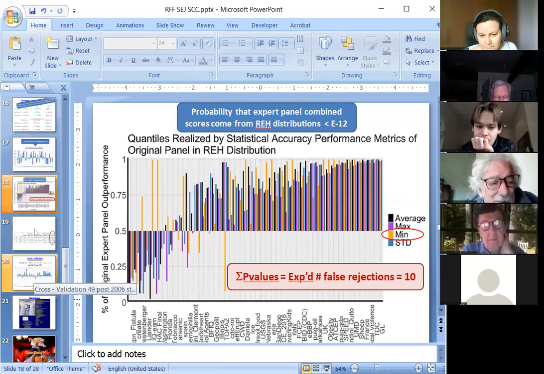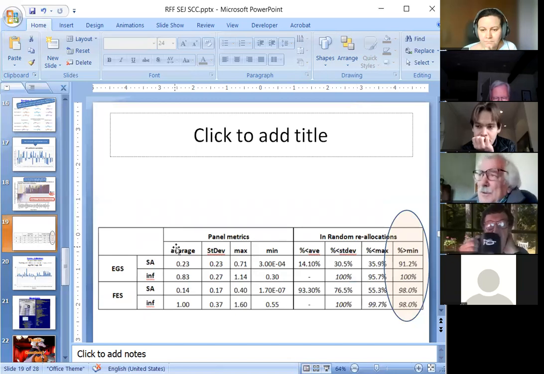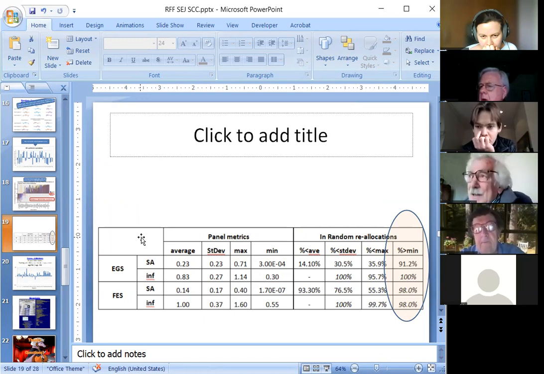And okay, so now I turn to our study, and our study sort of reinforces this because we had a lot of good experts. So you wouldn't expect, after you think about it, that the maximum statistical accuracy or the average statistical accuracy would be such a big signal, right?